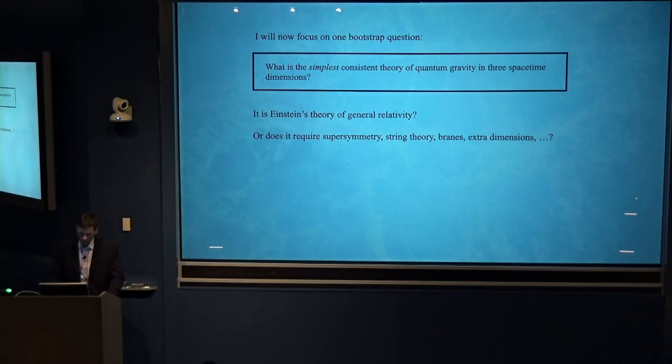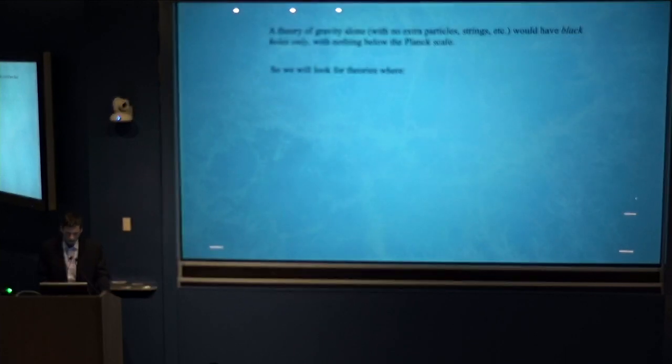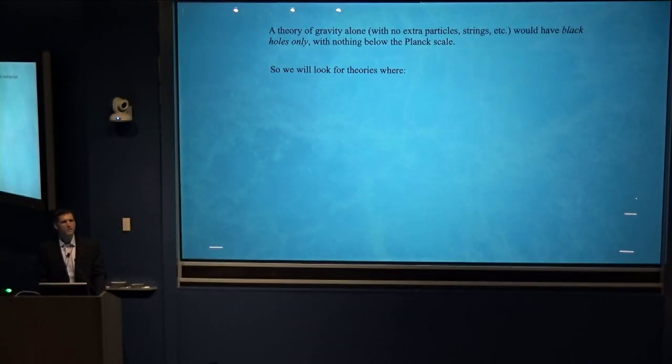Okay, so I want to take this problem, what is the simplest consistent theory of quantum gravity in 3 dimensions, and apply the bootstrap methodology to this question. So a theory of quantum gravity alone, we want to ask whether we can have quantum gravity that's just gravity without any extra stuff in it.